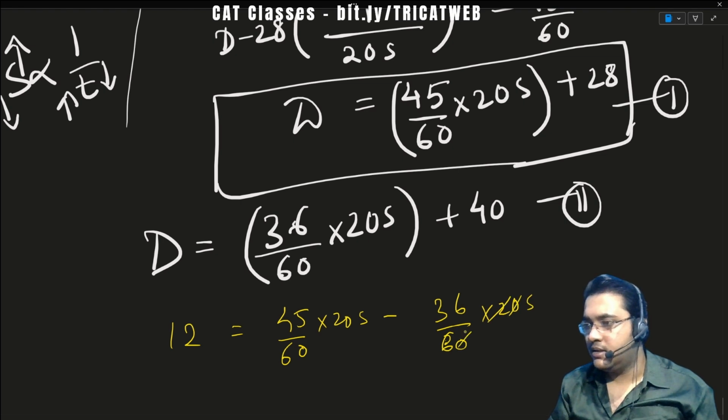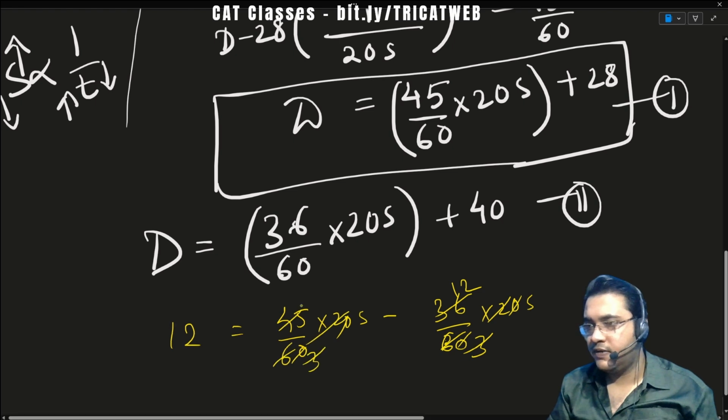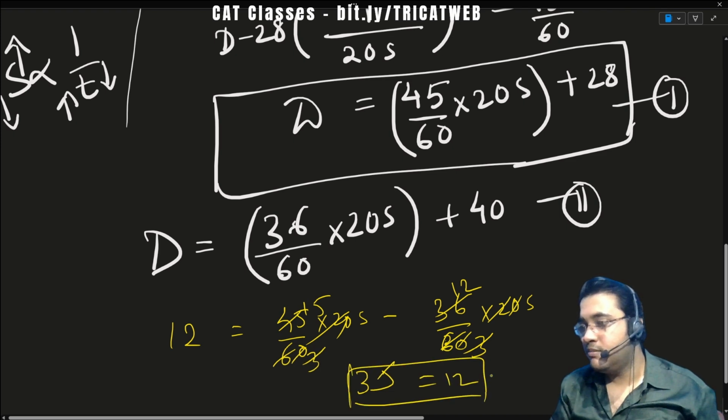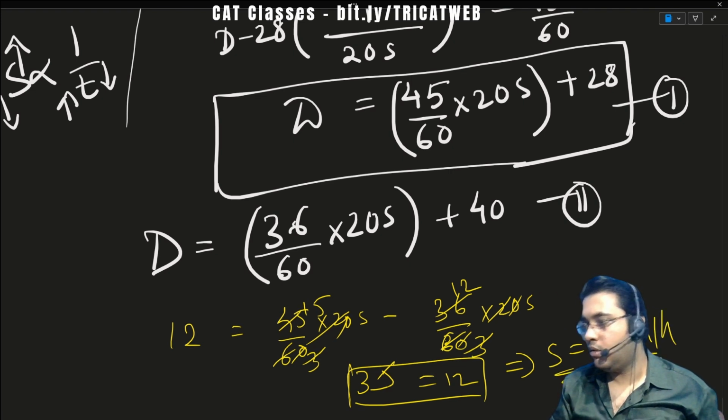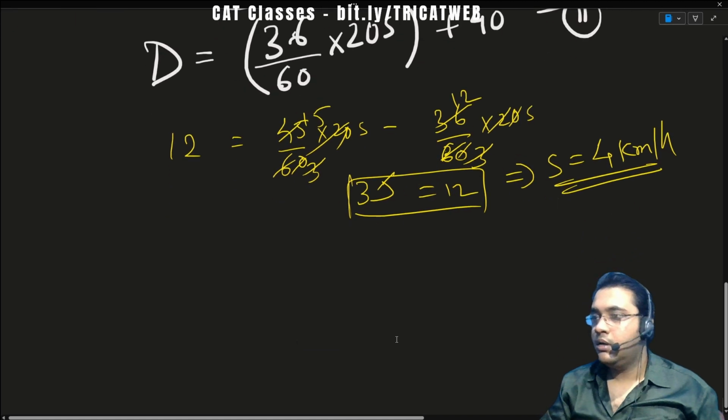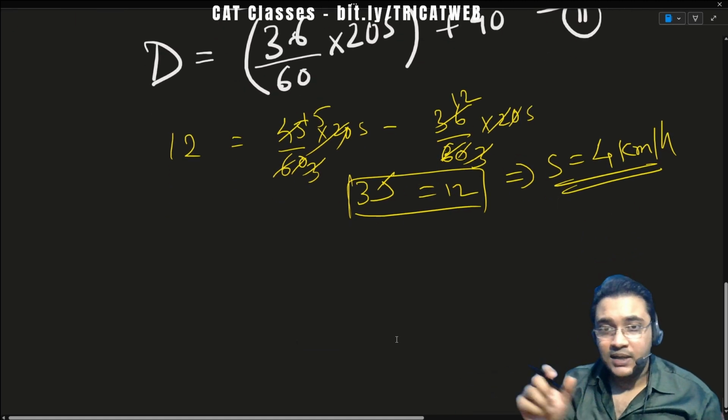So this cuts, this is 3, this is 12, this cuts, this is 3, this is 15. 15s minus 12s is 3s. 3s is equal to 12. This means that s is equal to 4 kilometers per hour. The speed that I am getting is 4 kilometers per hour.